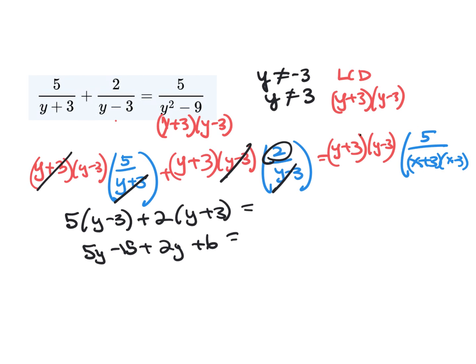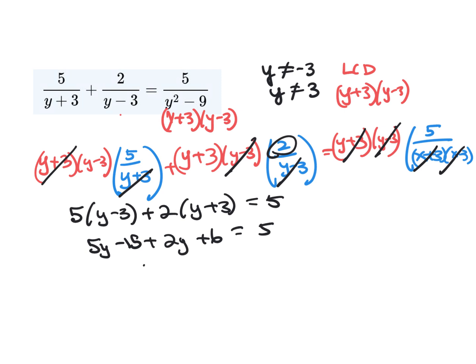And then over here, those y plus 3's and y minus 3's are going to cancel out. I'm going to be left with 5. Combining like terms, I'm going to have 7y minus 9. And then I'm going to add 9 to both sides, and y will equal 2.